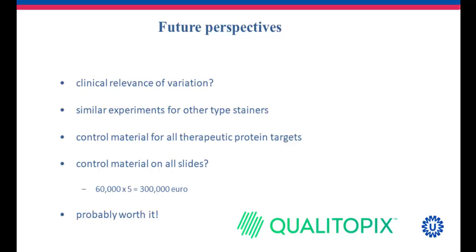We do about 60,000 immunostains, not all therapeutic targets, right? But suppose that we have, in the end, control material for all the antibodies that we use. I think for now, we will be limiting ourselves to the therapeutic targets. So then this is a clear overestimation. But in the end, we could end up with having control cells and the cost for all these different stainings would be in my lab about €300,000.